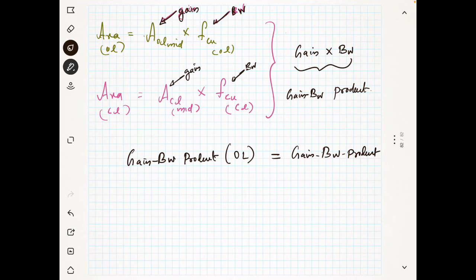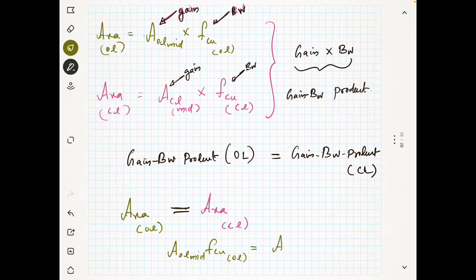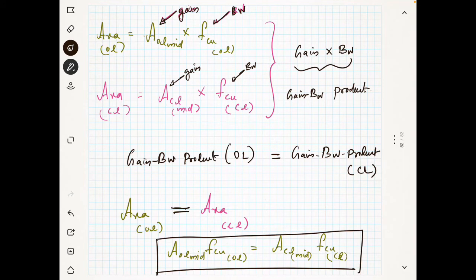So I can say that my area in open loop will be equal to my area in closed loop. So I am going to derive a very important notion, that AOL mid into FCU in open loop will be equal to A closed loop mid into FCU in closed loop. So this is a very important formula. Okay, this is a very important formula. So I hope this is clear to you, right?